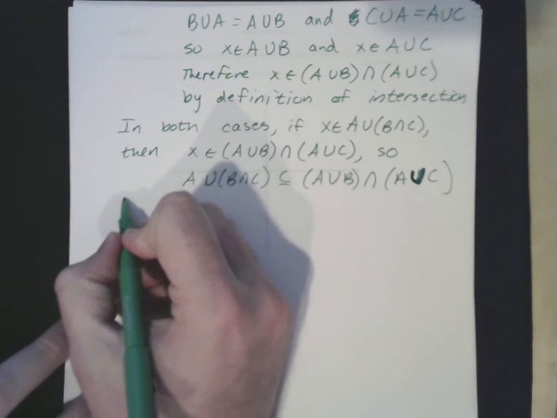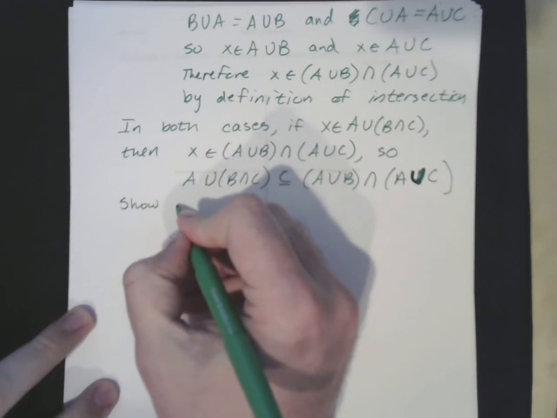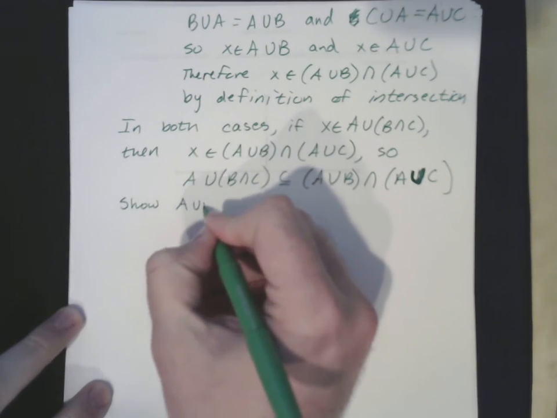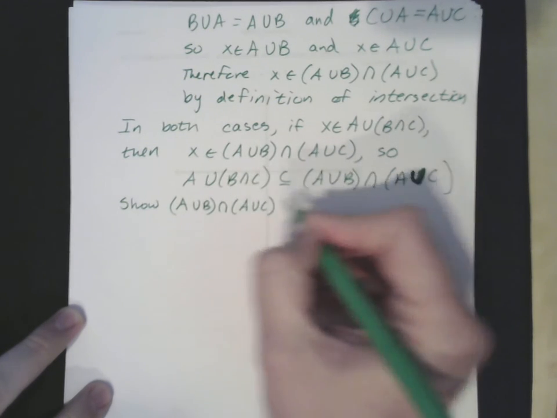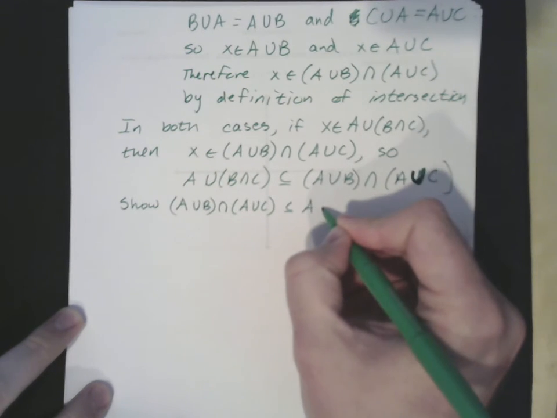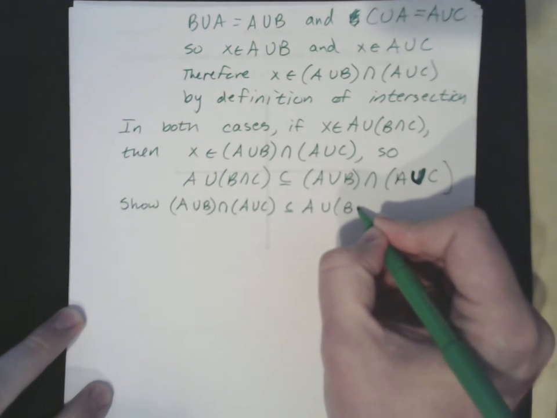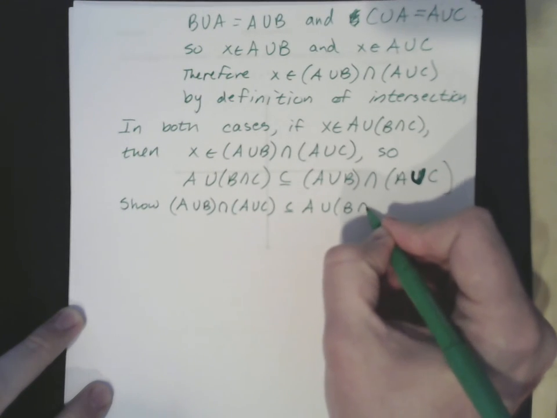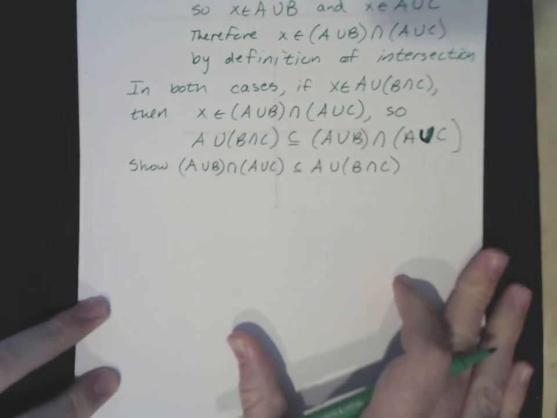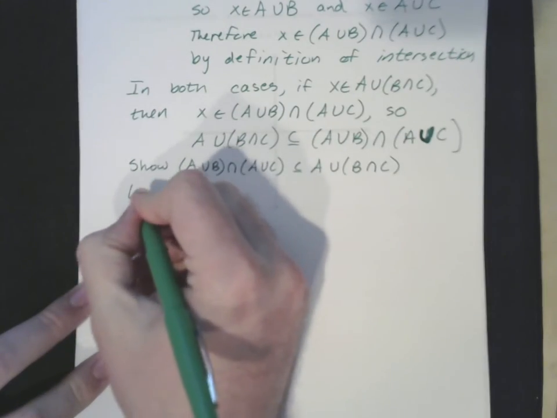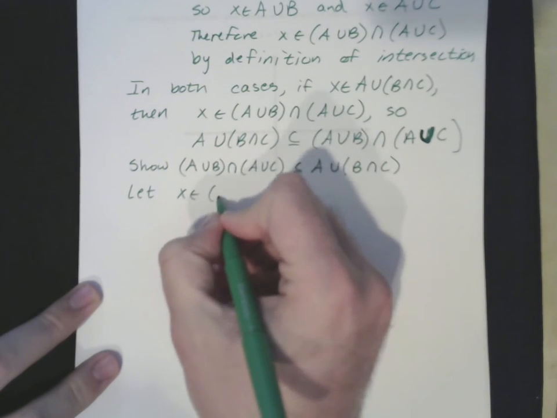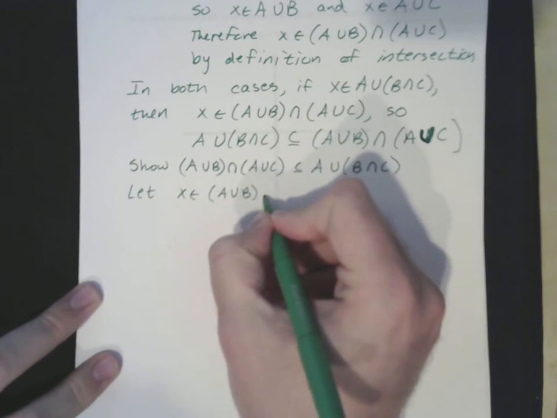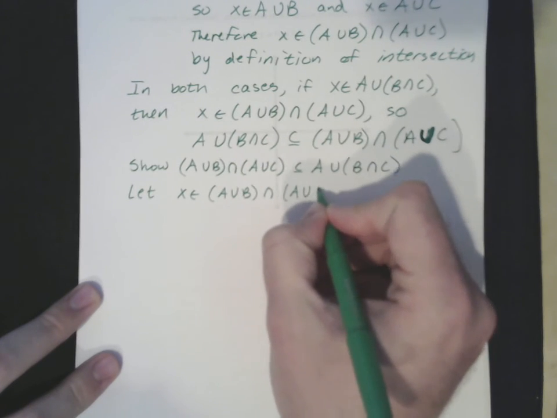So now we're going to move on to show that (A union B) intersected with (A union C) is a subset of A union (B intersect C). Lost my train of thought for a second. So we're going to let X be in (A union B) intersect (A union C).